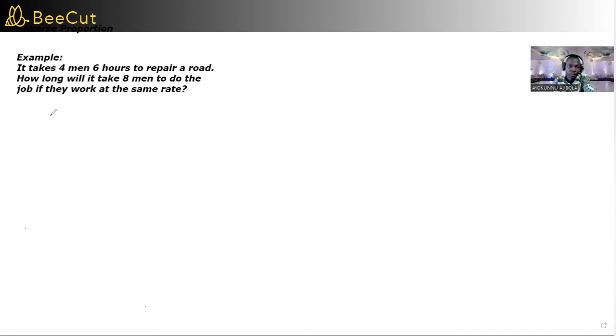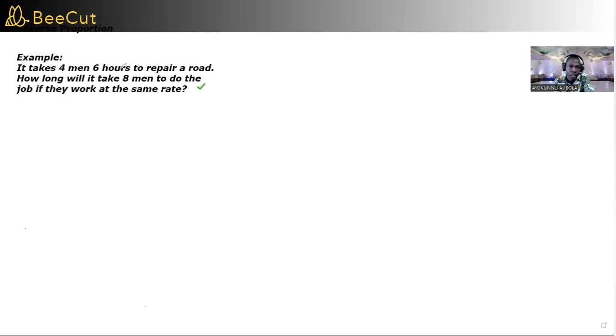Inverse proportion. So, you knowing what kind of proportion you have at hand is a step to knowing how to solve it. Now that you know it is inverse, so what are we going to say?